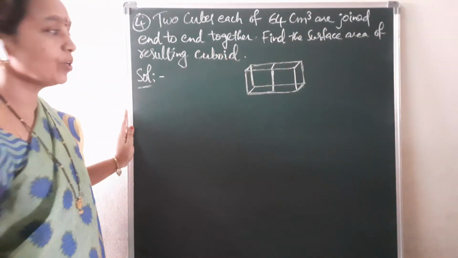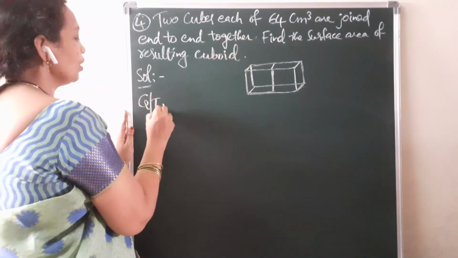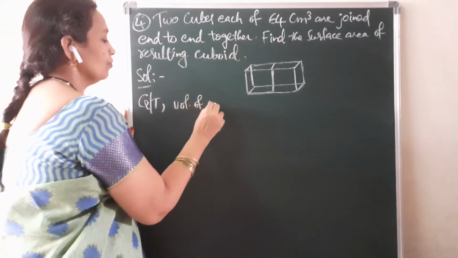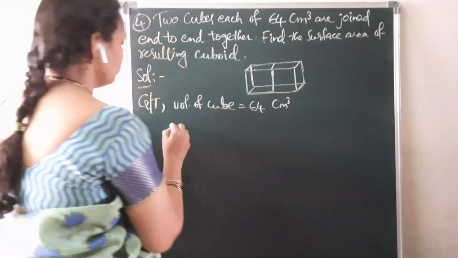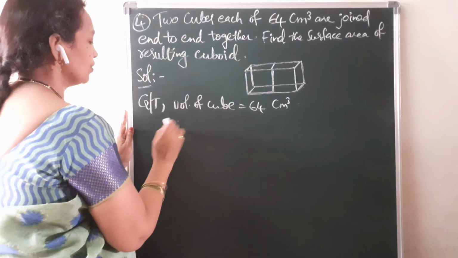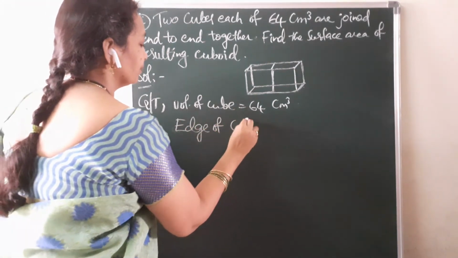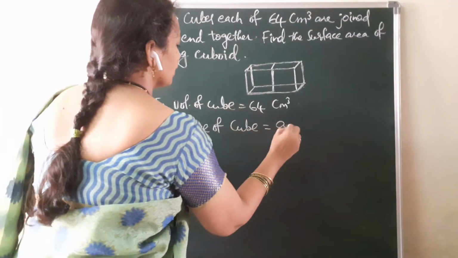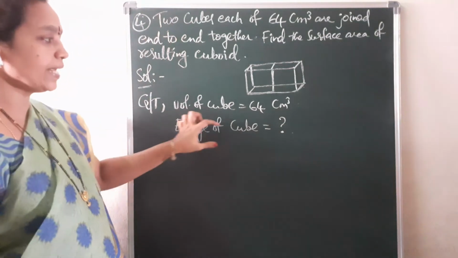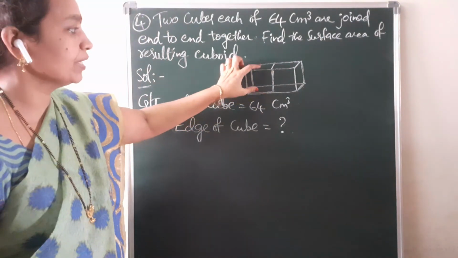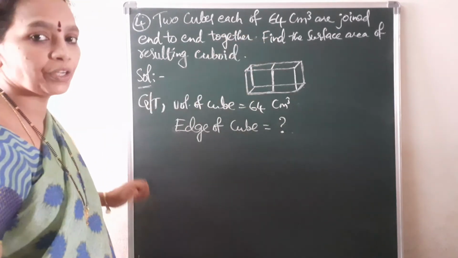So first of all, what are the dimensions given? The given volume of a cube is equal to 64 centimeter cube. Therefore, we need the edge of a cube. If you get the edge of a cube, then you can find out the dimensions of the cuboid and then the surface area of the cuboid.